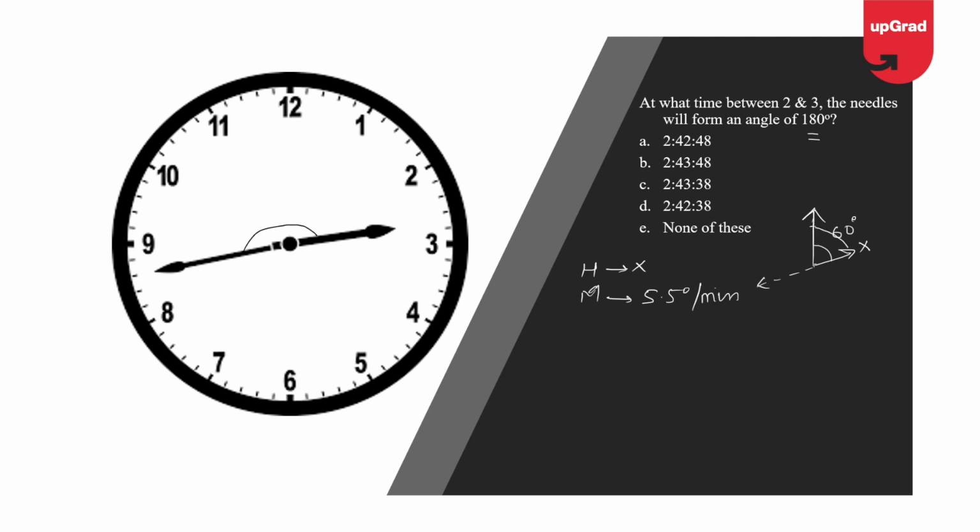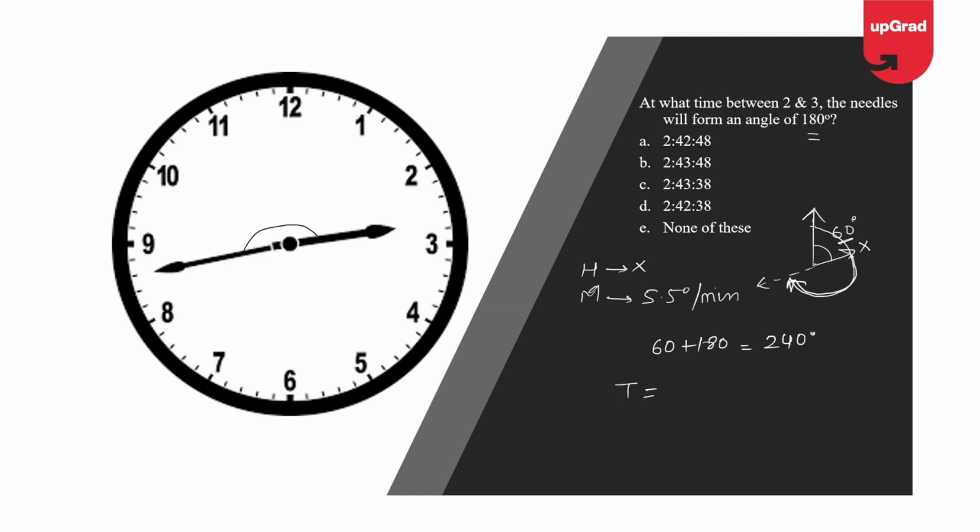So it has to travel all the way from here to here, which means it will travel the 60 degrees. And then how much does it have to travel? After 60, it has to travel another 180 degrees. So what is the total travel? 60 plus 180 degrees. That is a total travel distance of 240 degrees.